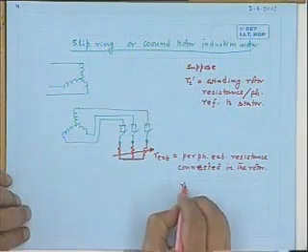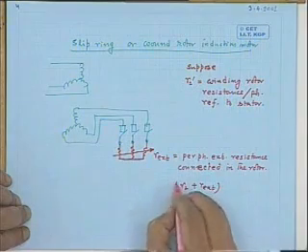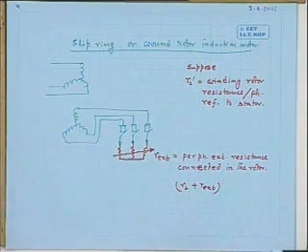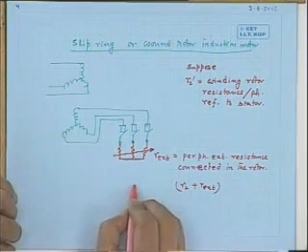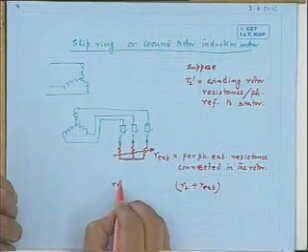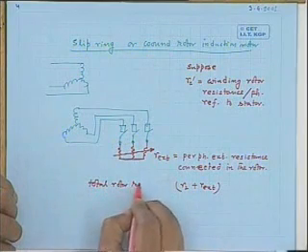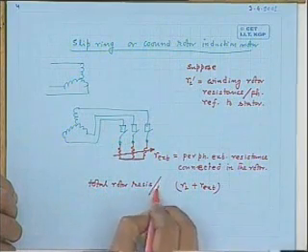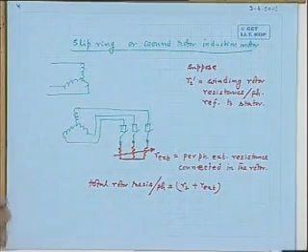Are you getting it? Therefore, what is the actual rotor resistance per phase? It is R2 plus R external. This way I have changed it. So the total rotor resistance per phase becomes this one.